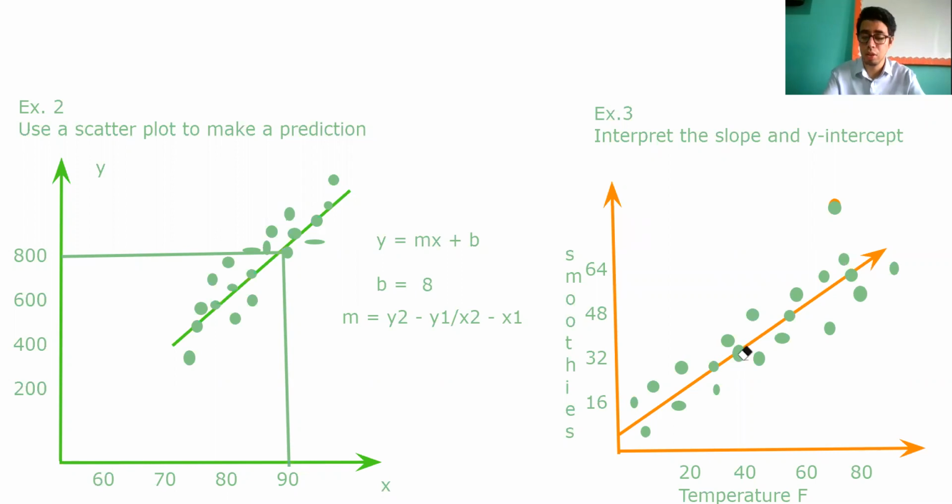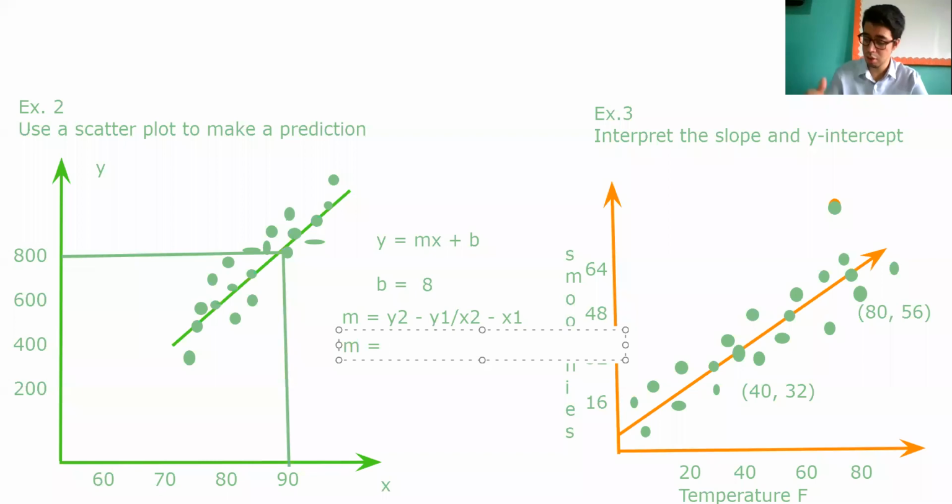I'm going to copy the coordinates for these points, 40 and 32. And for the other one is 80 and 56. So we already finished this, guys, only that we need to replace in here. So we only replace and you finish because you already know the answer.